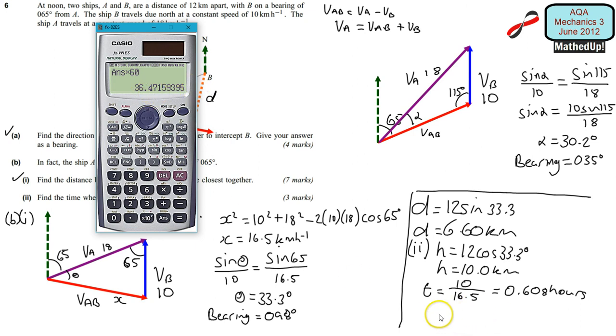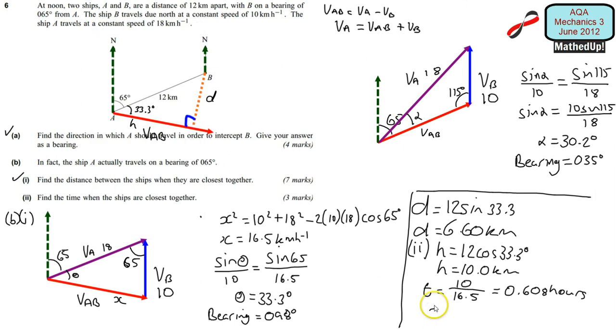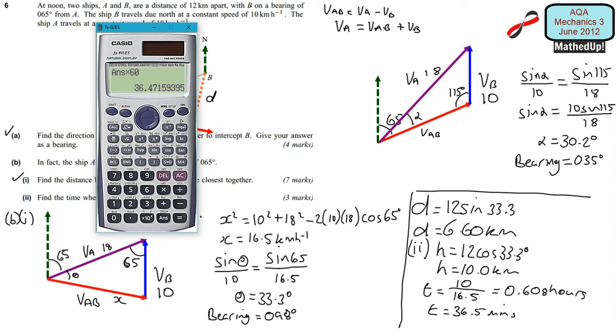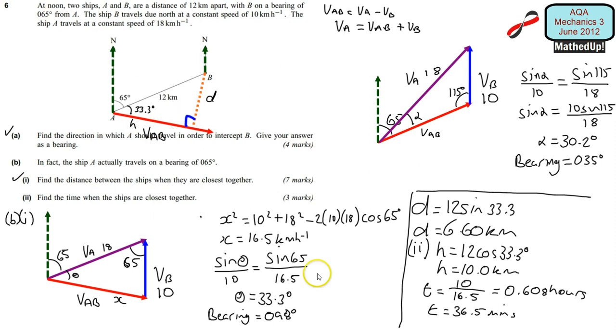So T is equal to 36.5 minutes. The actual time will be 12:36 p.m. when they are closest together.